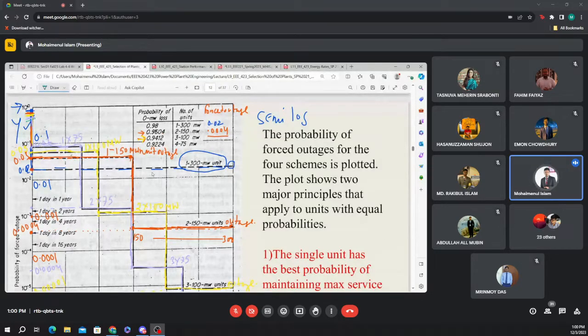It should be less than 0.92, maybe 0.90. So you need to start from a lower point, and you will get an outage probability much higher than the 475 unit, maybe around 0.1, close to 0.1, for the 560 megawatt unit.